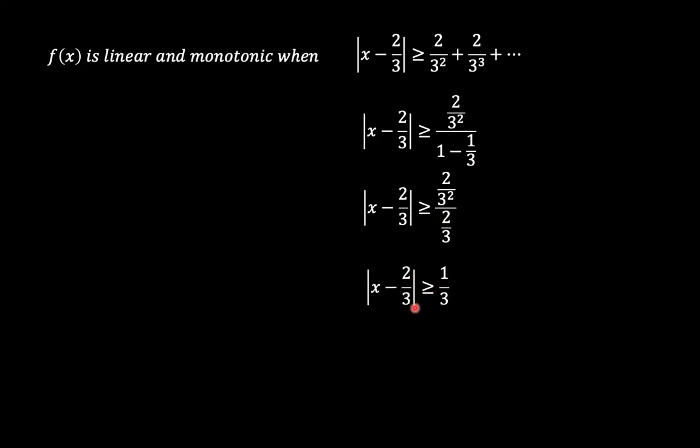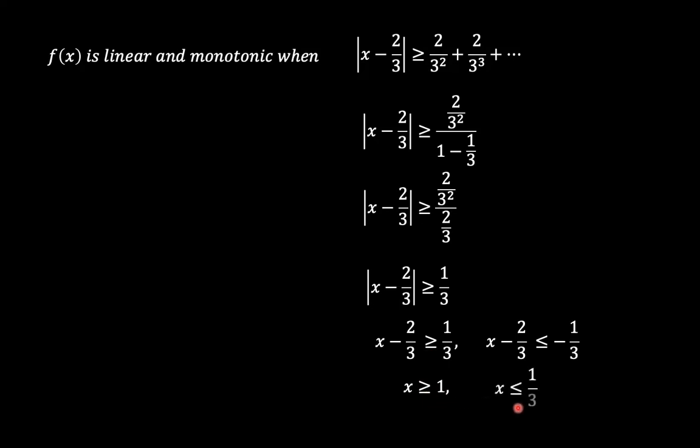Now, since we have this absolute term, it means that this value could either be negative or positive. So we can divide that into two categories: where x - 2/3 is greater than a third, or where x - 2/3, when you divide by a negative, the inequality sign flips, is less than negative a third. In the instance where x - 2/3 is greater than a third, x is greater than 1. So in that domain, we have a monotonically increasing f(x).